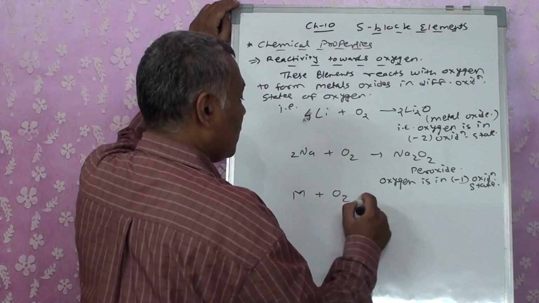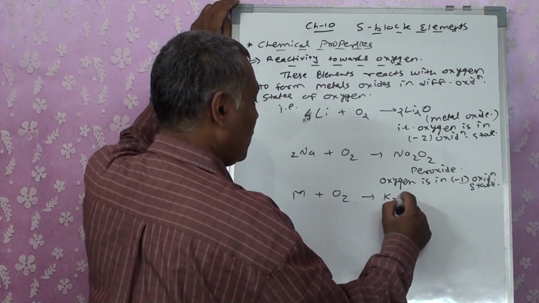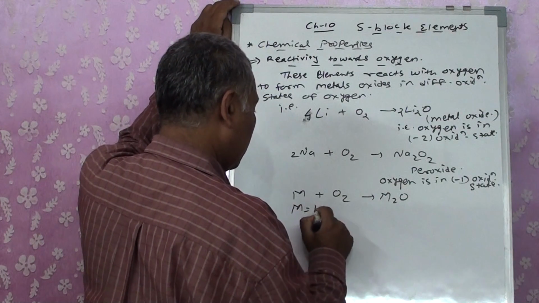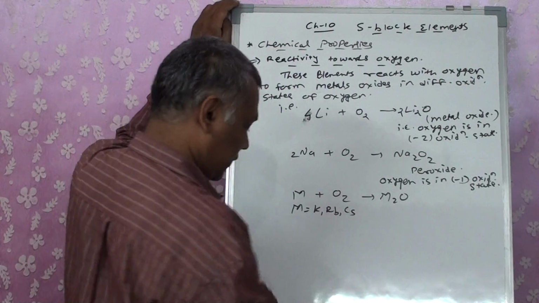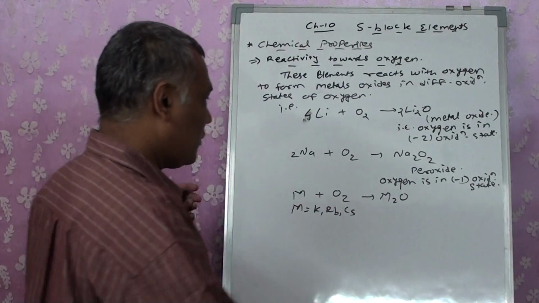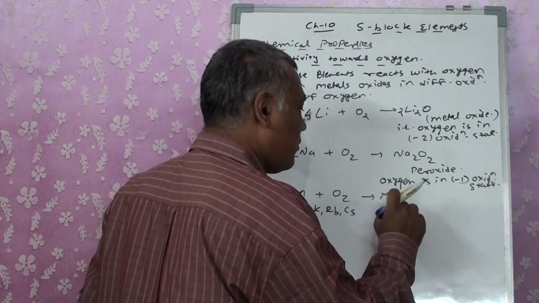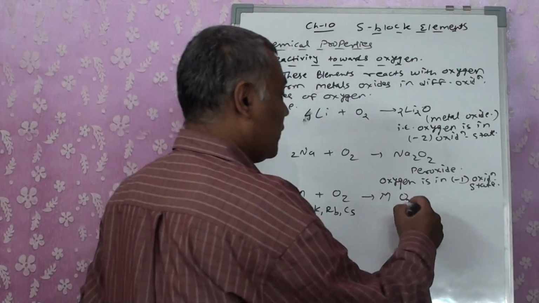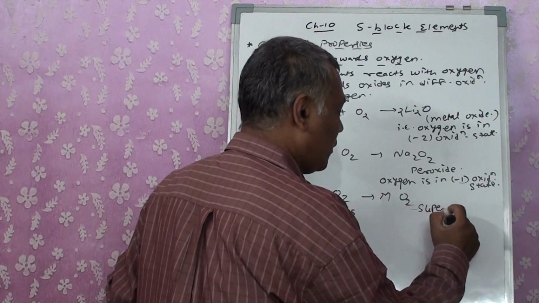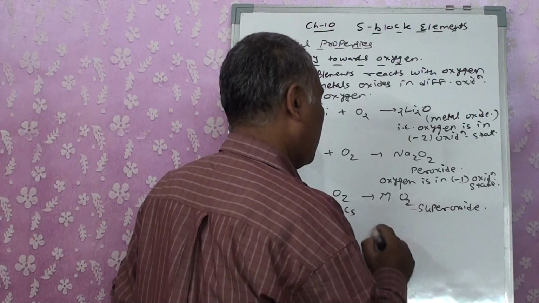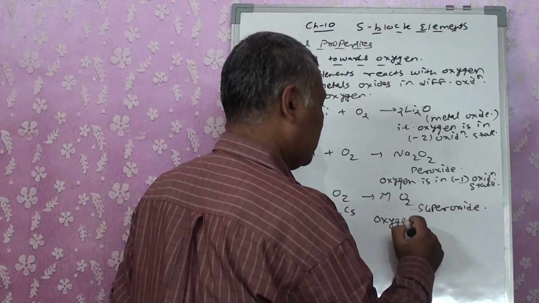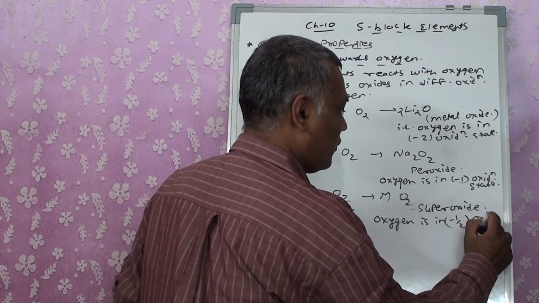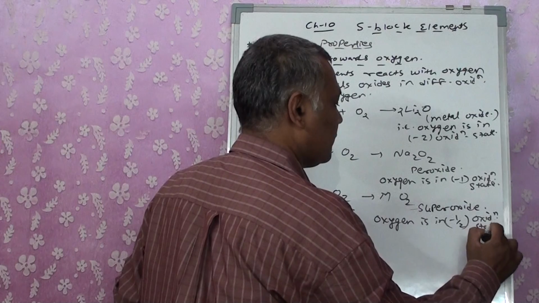Metal reacts with oxygen to form MO2, where M is K, Rb, Cs. Here it is in the form of superoxide. That is, oxygen is in the -1/2 oxidation state.